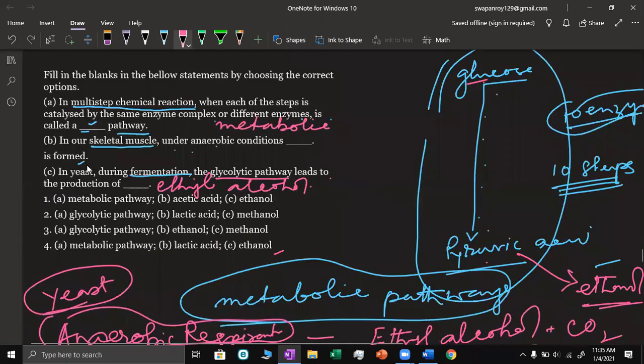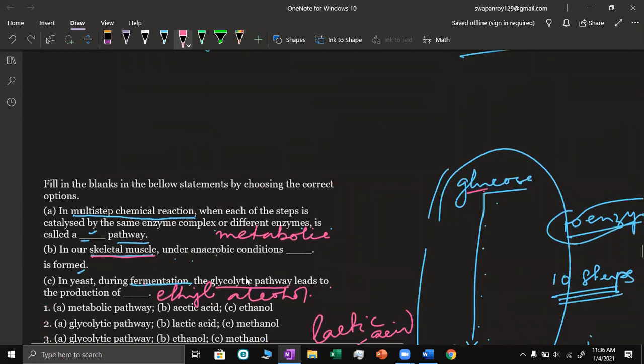And another thing, in our skeletal muscle, after the pyruvic acid is formed, it will form lactic acid.